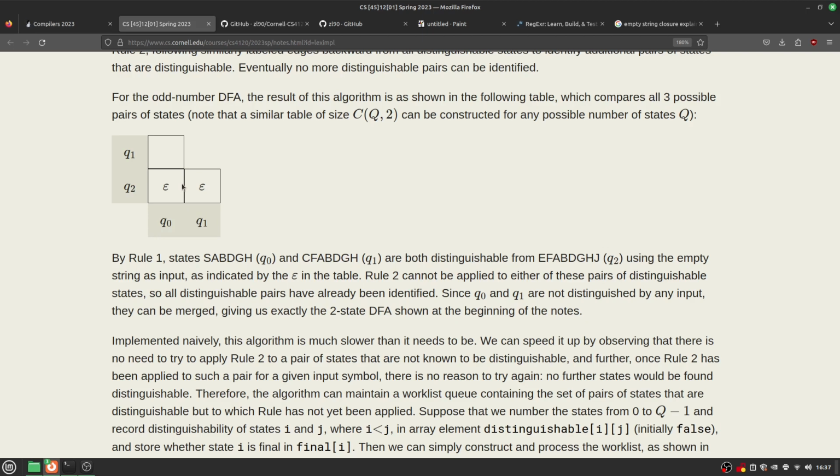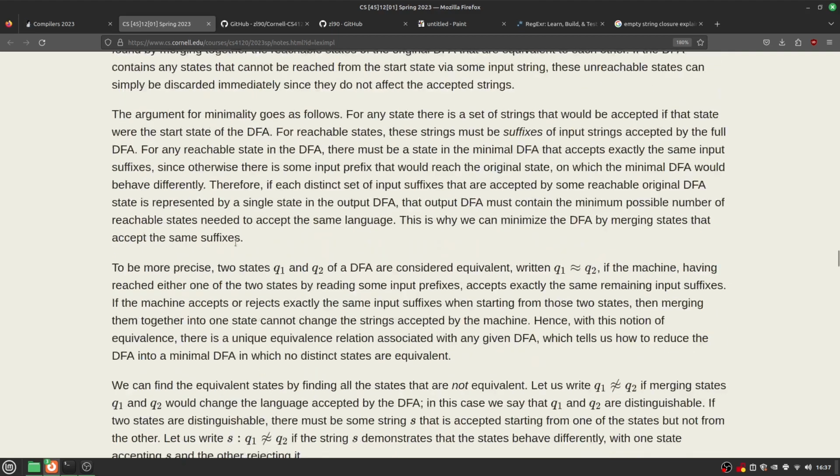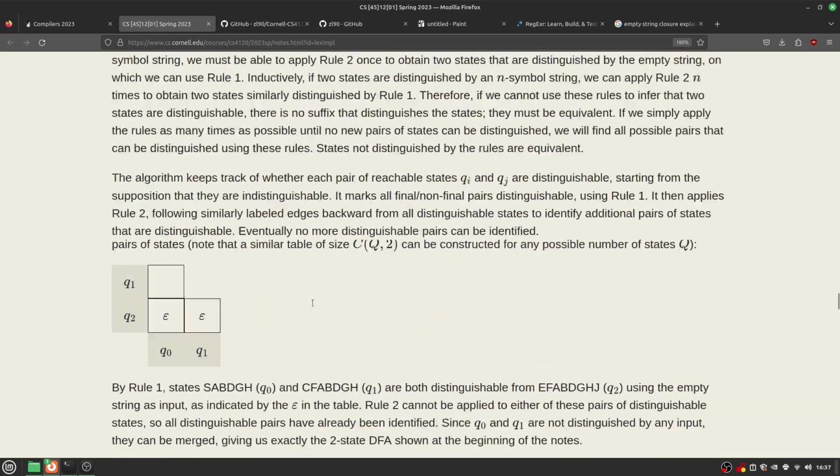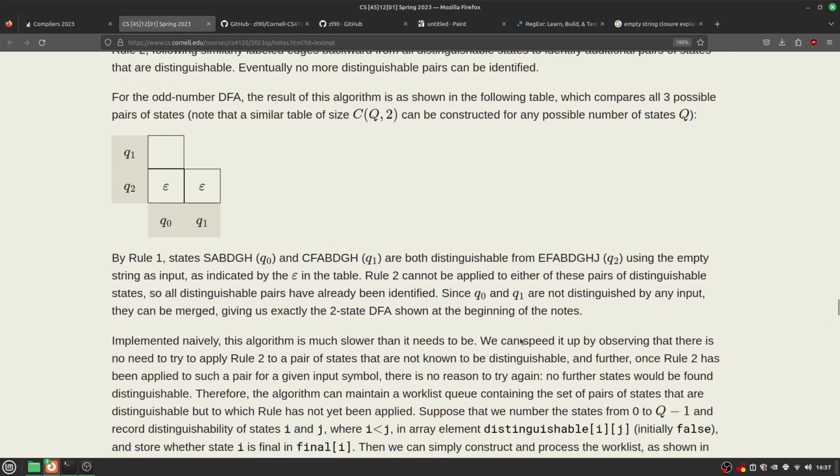Oh, okay, that makes sense. Because if you give them the empty string, they cannot get to Q2. They have to go through one of these. Rule 2 cannot be applied to either of these pairs of distinguishable states, so all distinguishable pairs have already been identified.